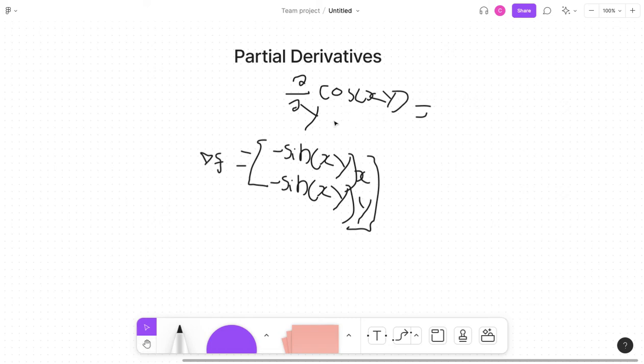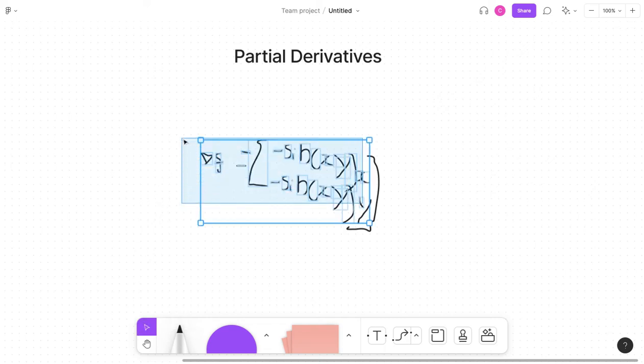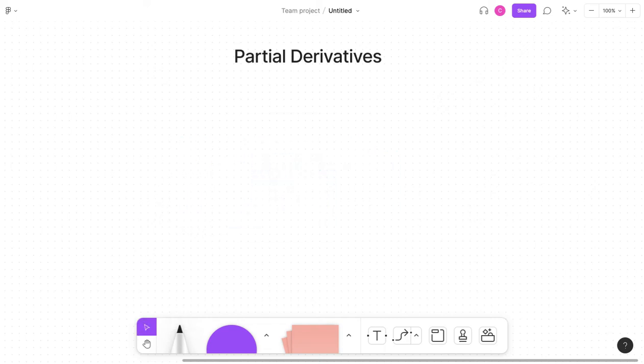And let me just get rid of this. So yeah, that's like how to take the partial derivative and a gradient. Just so this video isn't that short, I'm gonna take another gradient of a different function.